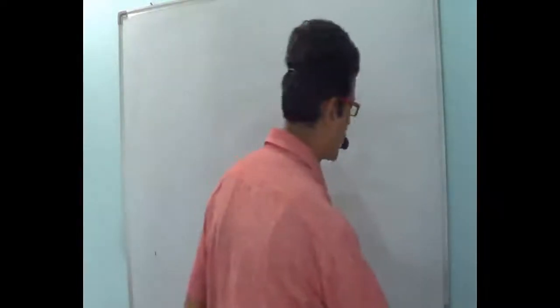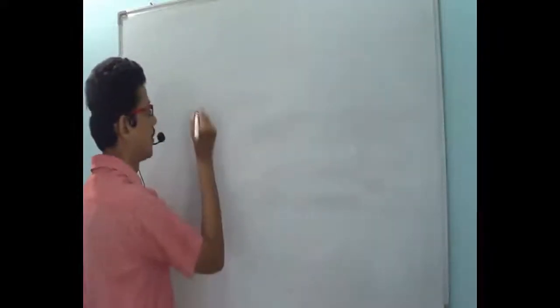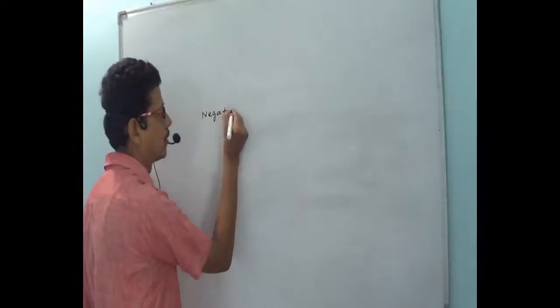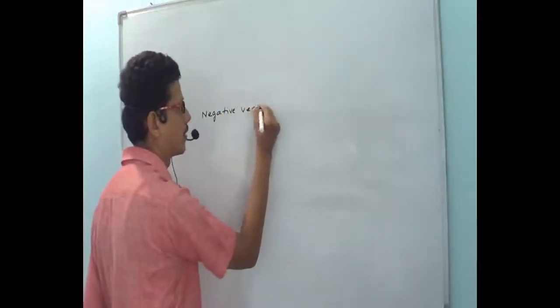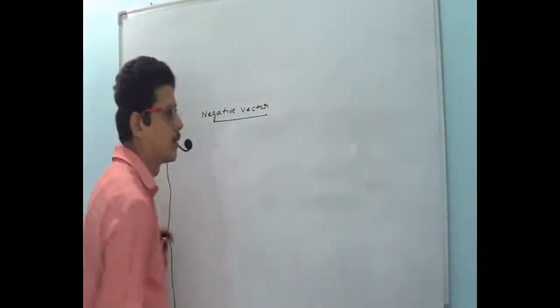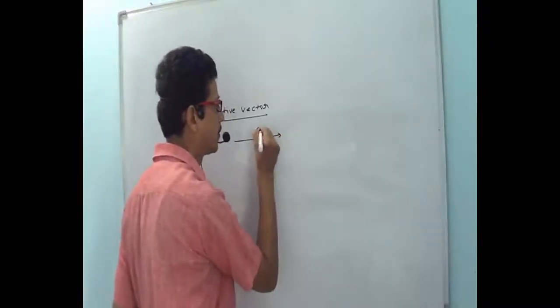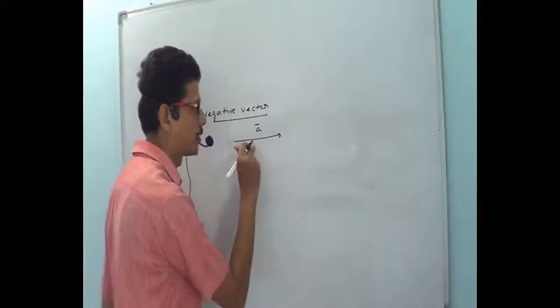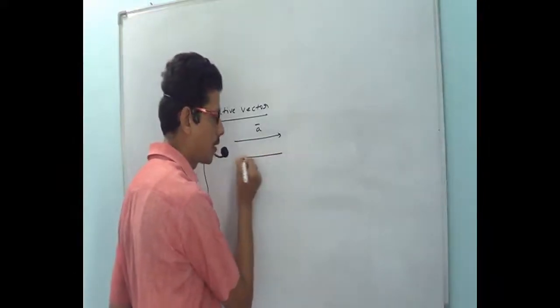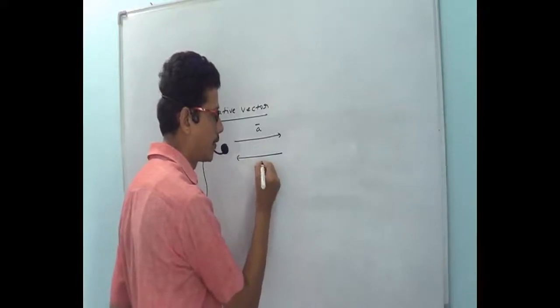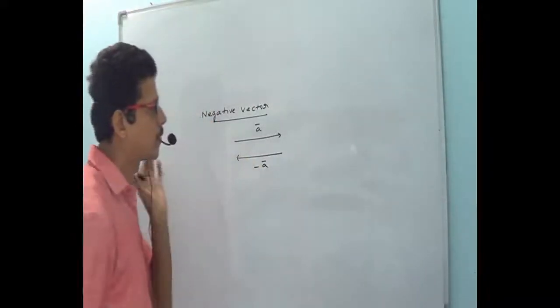Next, negative vector. If a vector a bar is there and we want the negative vector of this, we have to just draw the vector in the opposite direction, and that itself is the negative vector.